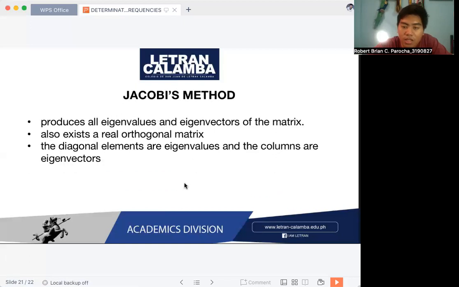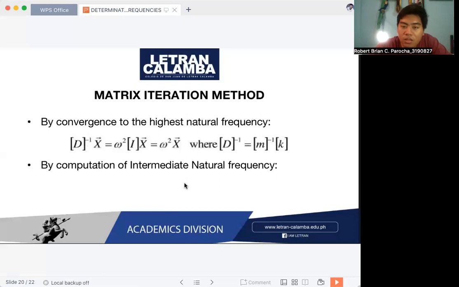Next slide is convergence to the highest natural frequency; we have the formula below. Select an arbitrary x1 and pre-multiply it by the dynamical matrix to obtain an improved trial vector. That's step 2.